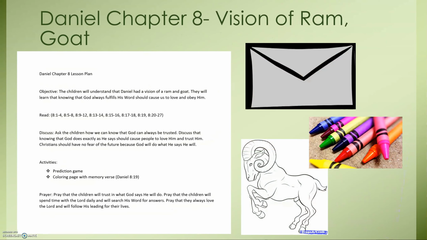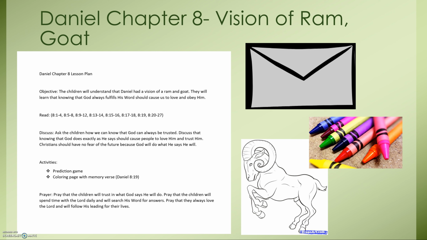For Daniel chapter 8, the vision of the ram and the goat, you can do a prediction game where Daniel had predictions of the vision because God gave them to him, but what you can do is write a sentence. It can be a silly sentence, it can be a sentence about anything, maybe a verse, and put it in an envelope, and have the students at the beginning of the lesson try to guess what's in that.